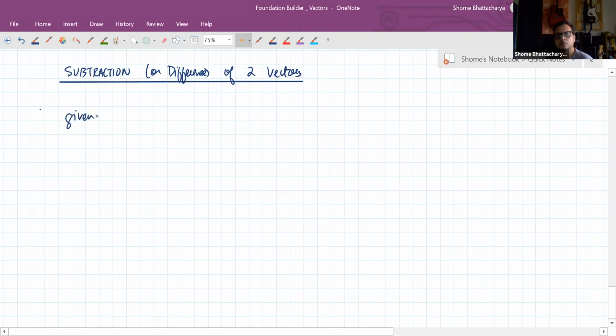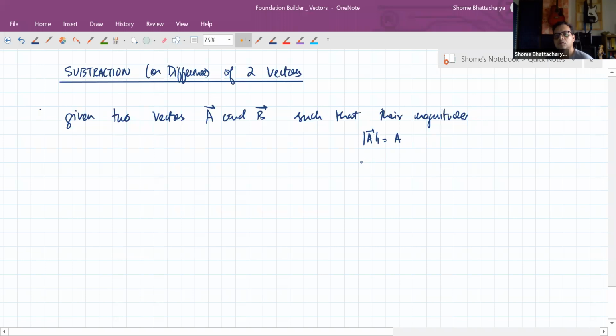So given two vectors A and B, such that their magnitudes are these, and the angle between them is theta.